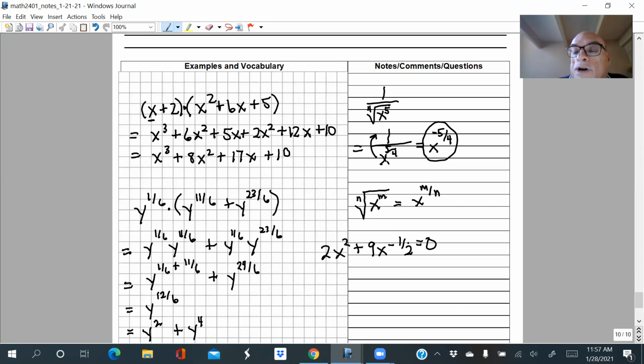But quadratic equations are pretty straightforward to solve. Humans have known how to solve quadratic equations since antiquity. That means before recorded history. So humans have been solving quadratic equations for a long, long time.